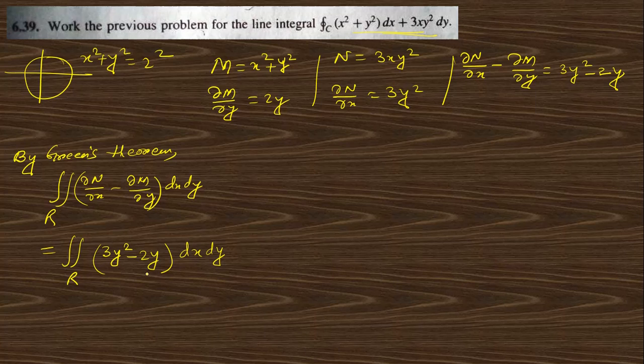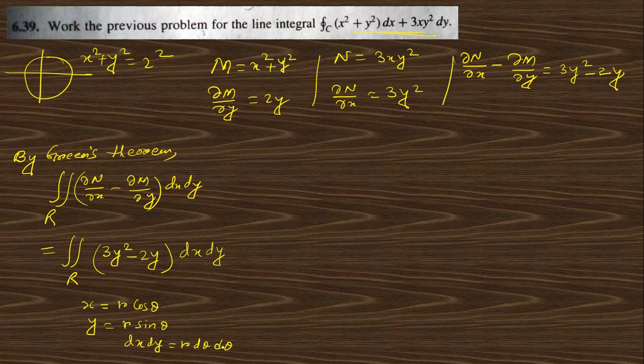Now if we change into the polar coordinate system, this will become easier. That's why we use x equals r cos theta, and y equals r sin theta, and dx dy, you know, is r d theta dr.